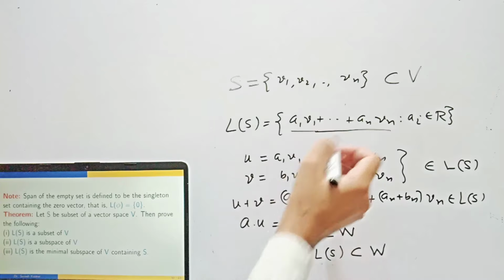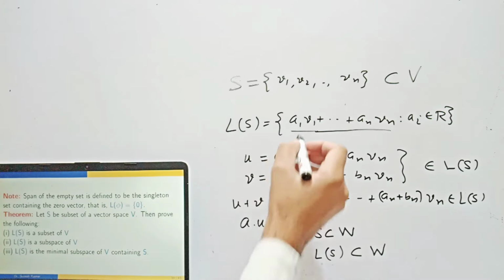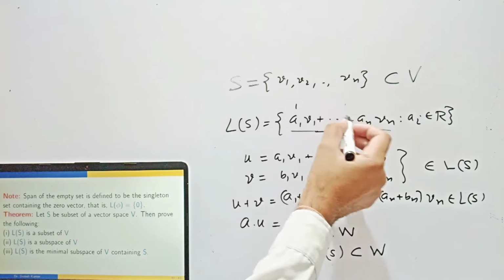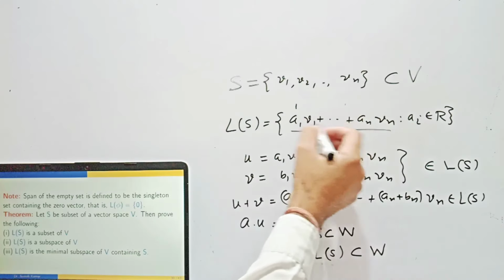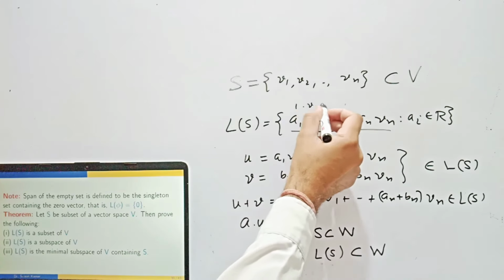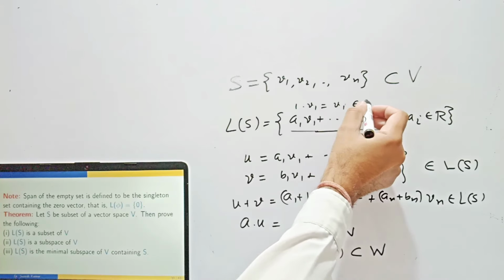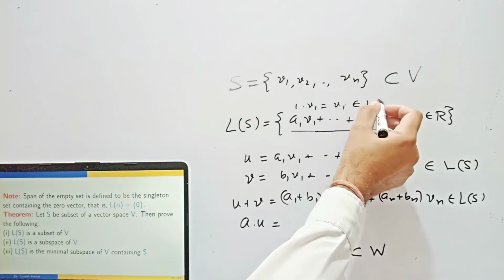Yes, because if I choose a1 as 1, other scalars 0, then the whole combination gives me v1 and it belongs to L(S).